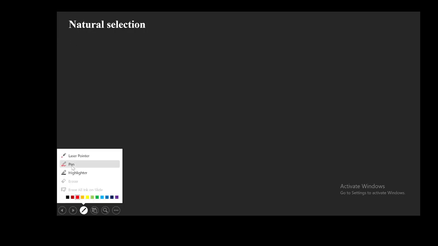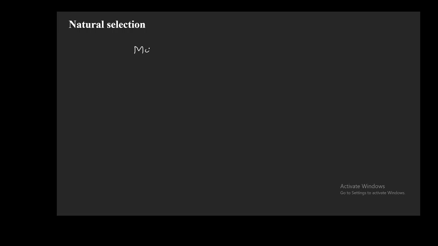If you see this term, natural selection, what do you understand by this? Natural selection, as its name implies, is the selection done by nature. So nature is selecting the most fit individual.